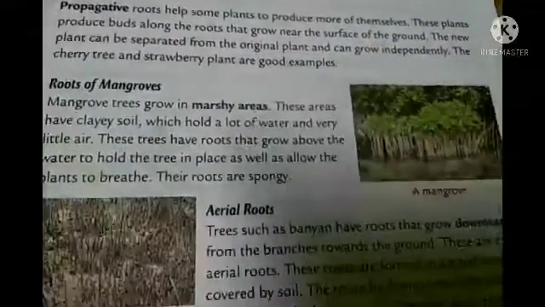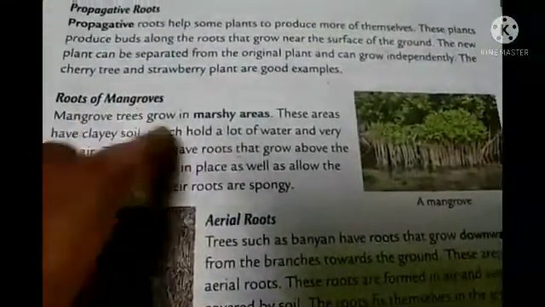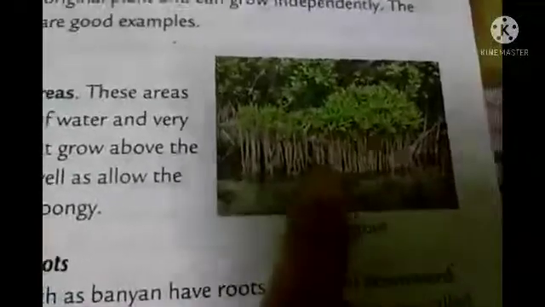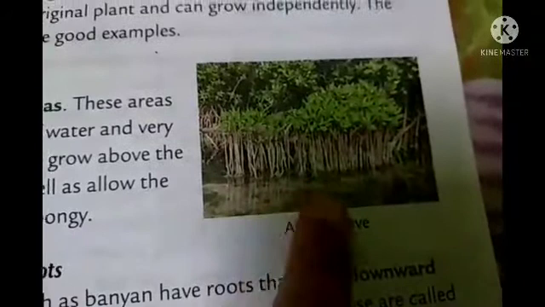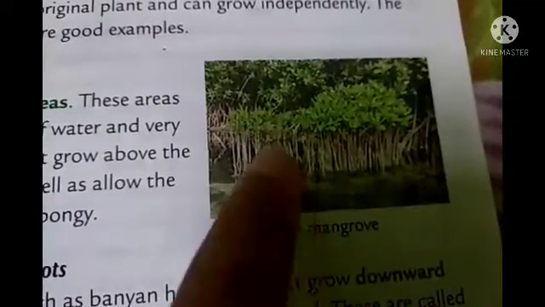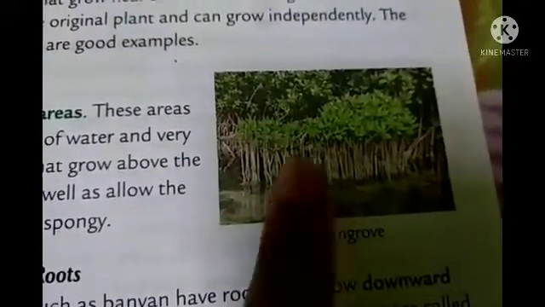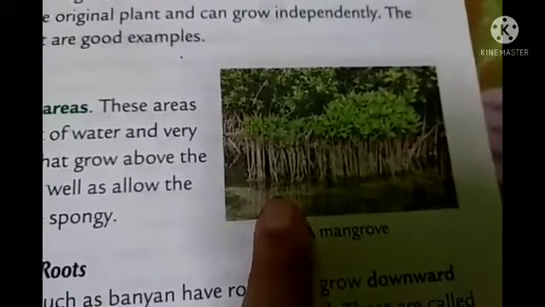Next are the roots of mangroves. Mangroves mostly grow in watery, marshy areas. These areas, near ponds or lakes or wherever marshes are, have clay soil, which holds a lot of water and very little air.